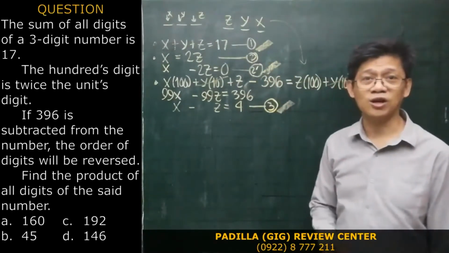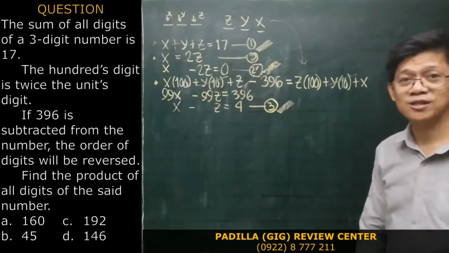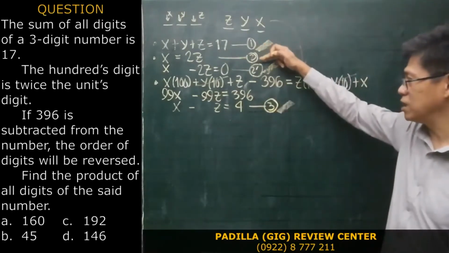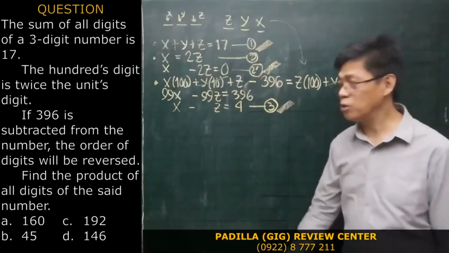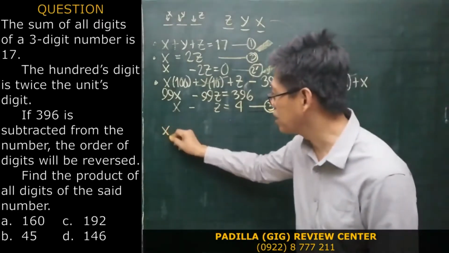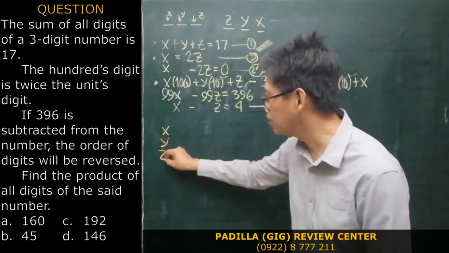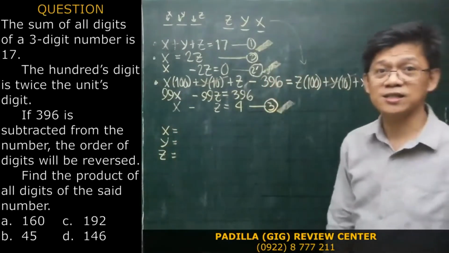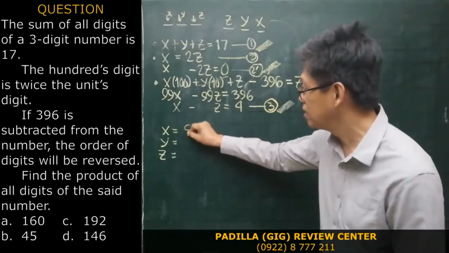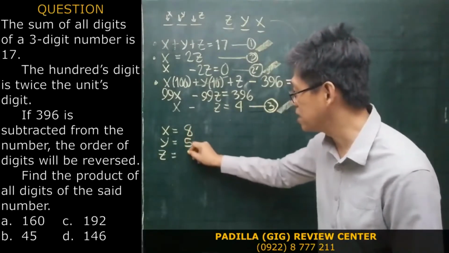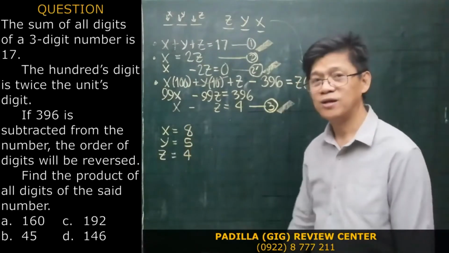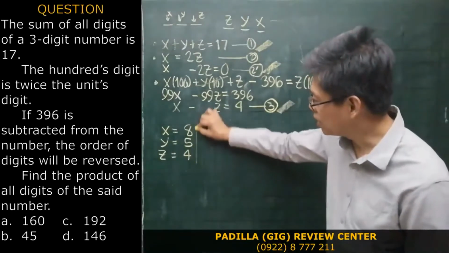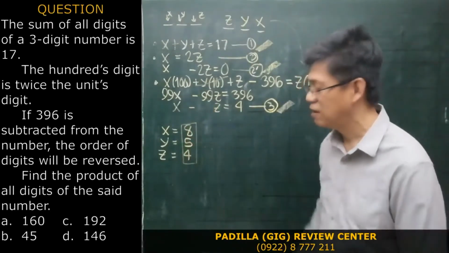Equation 1, equation 2, equation 3: 3 equations, 3 unknowns. So you just input this in your calculator. You'll be able to get your X, your Y, and your Z. Your X is 8, Y is 5, and Z is 4. So therefore, the number is 854.